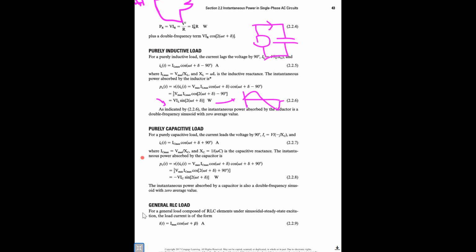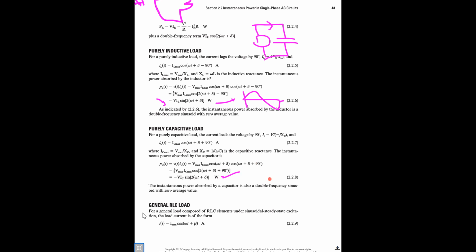Okay. If you write here for the purely capacitive load, iC(t), PC(t), the instantaneous power to the capacitor will be the multiplication of v(t) and iC(t), and you can write this form, and this form, and finally this form.